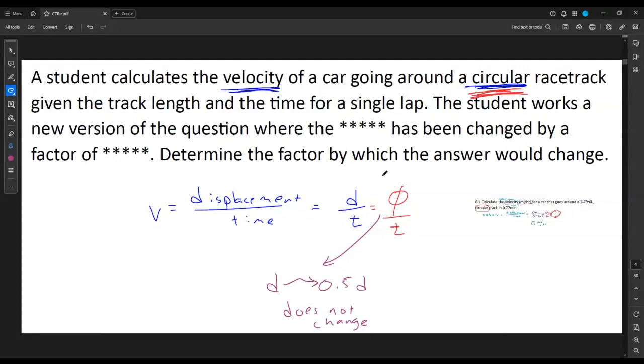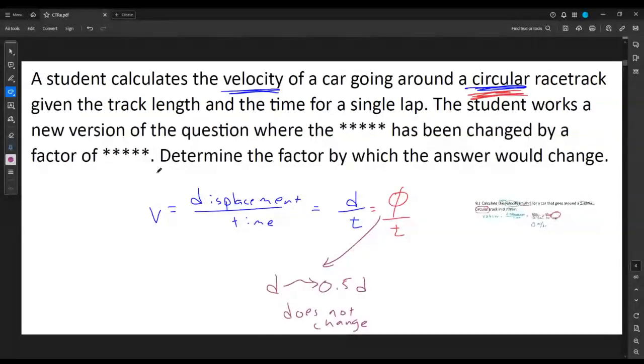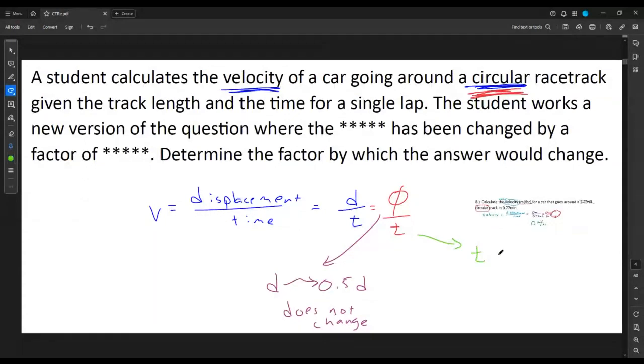So the distance around the track wouldn't matter. The size of the track doesn't matter. If you end up in the same spot, you're always going to get zero, so the answer wouldn't change. Now, the time, if we look at the placement of that again, looks kind of like what we already saw. So if time is cut in half, so we're dealing with 0.5, half the time, then again, we want to look at this and see where the variables fall.